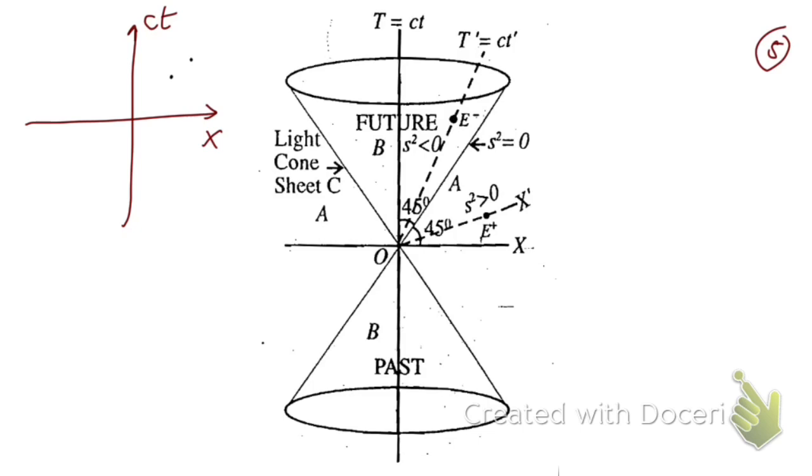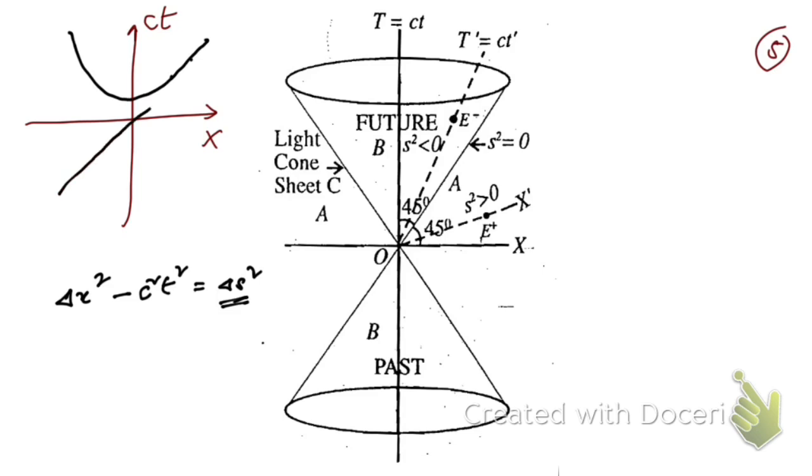If you ignore the y and z axes, the interval will be given by delta x squared minus c squared t squared. Let us suppose that interval is delta s squared. It is the equation of a hyperbola like this, and when delta s equals 0, we get this kind of line, right?